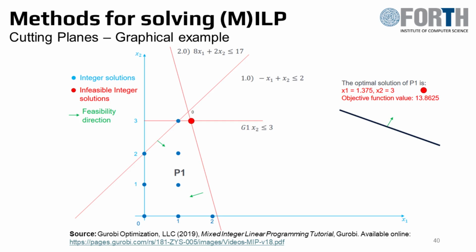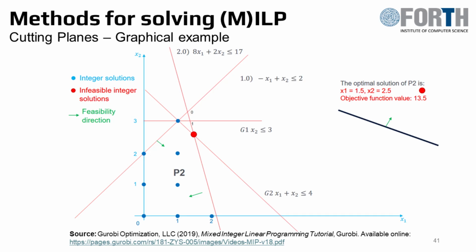The feasible region is now tighter. Importantly, none of the integer feasible points have disappeared. The cut was constructed so that all integer solutions remain valid. This illustrates the core principle of cutting planes. Each cut reduces the relaxation, eliminating fractional extreme points, while preserving the entire set of feasible integer solutions.